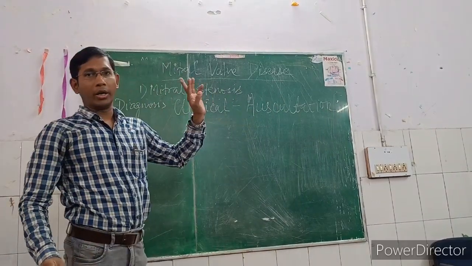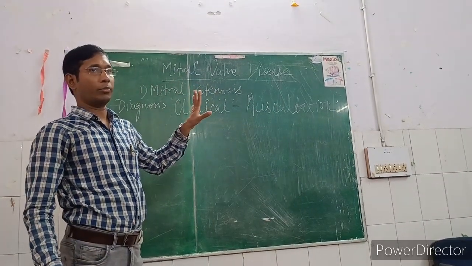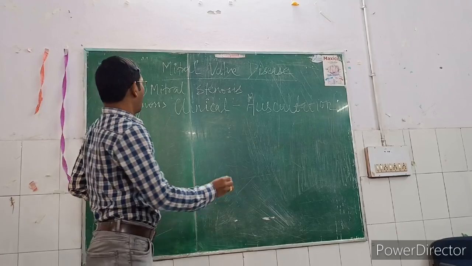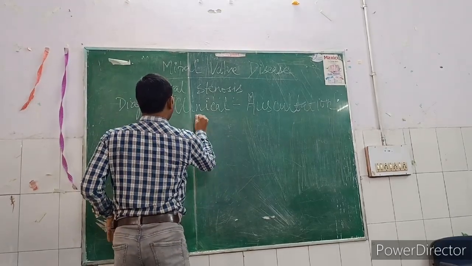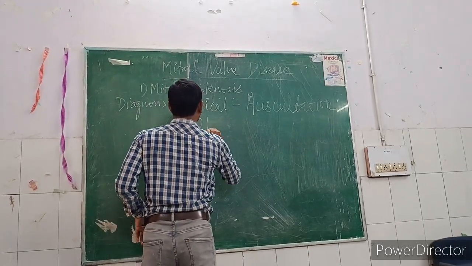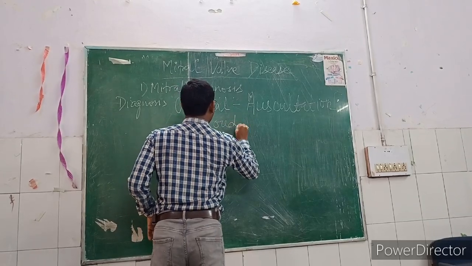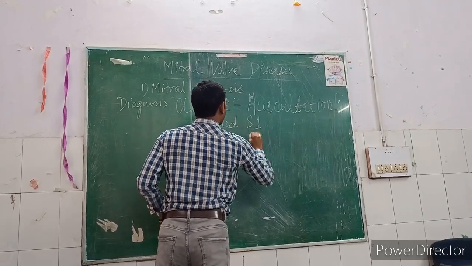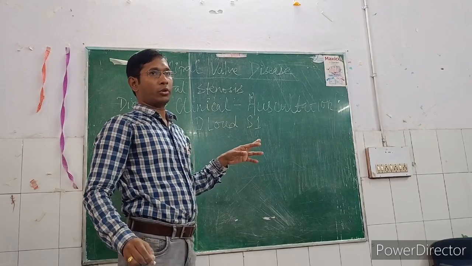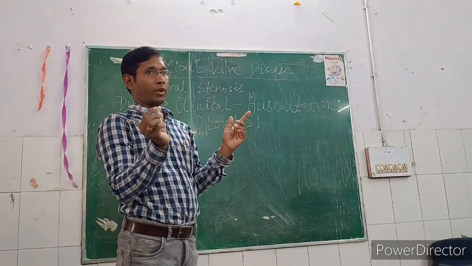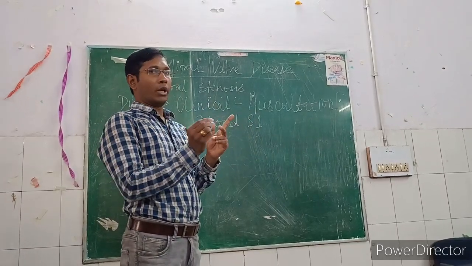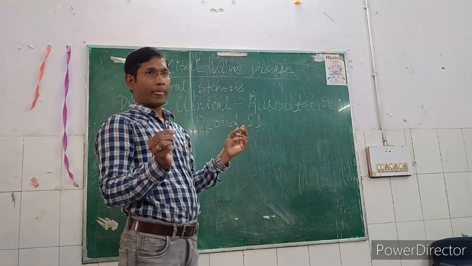So what are the findings in auscultation in case of mitral stenosis? First of all, there will be loud S1, because S1 is produced because of the opening and closing of the mitral valve.